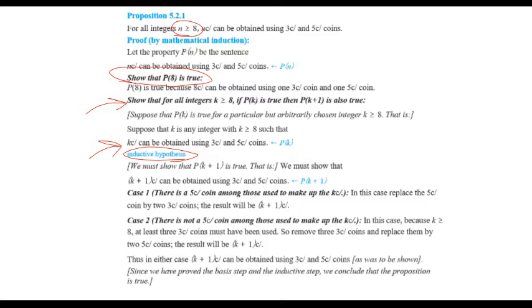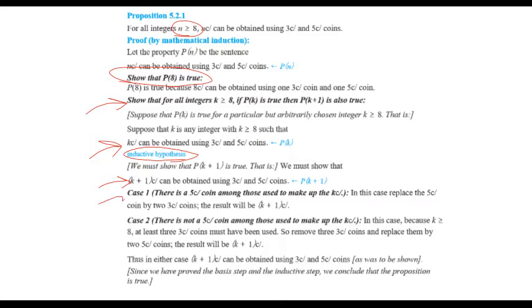It is this statement: k plus 1 cents can be obtained using 3-cent and 5-cent coins. Instead of k, I just put k plus 1. In order to prove P of k plus 1, we use the method of proof by division into cases. We have two cases here.